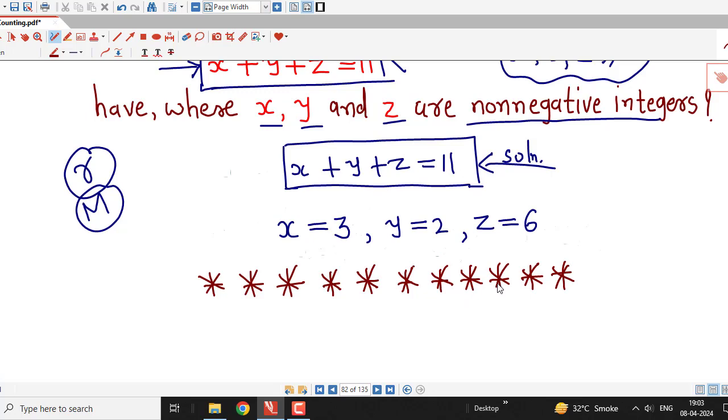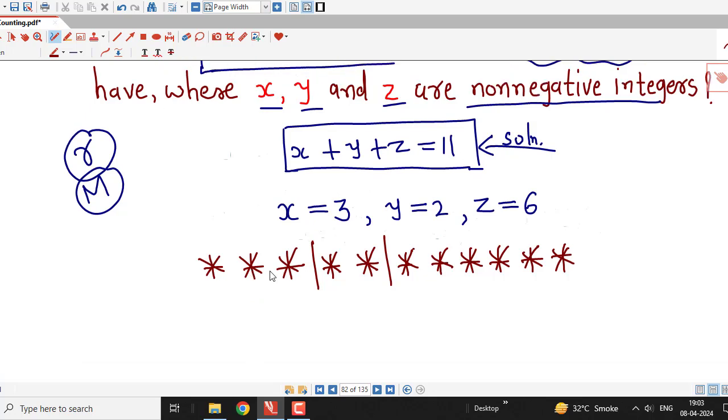So this is one solution by trial and error, and here I have taken 2 bars or 2 dividers where the object is changing. Here we are changing from x to y, so I consider a divider here, and here we are changing from y to z, so I am taking another divider.